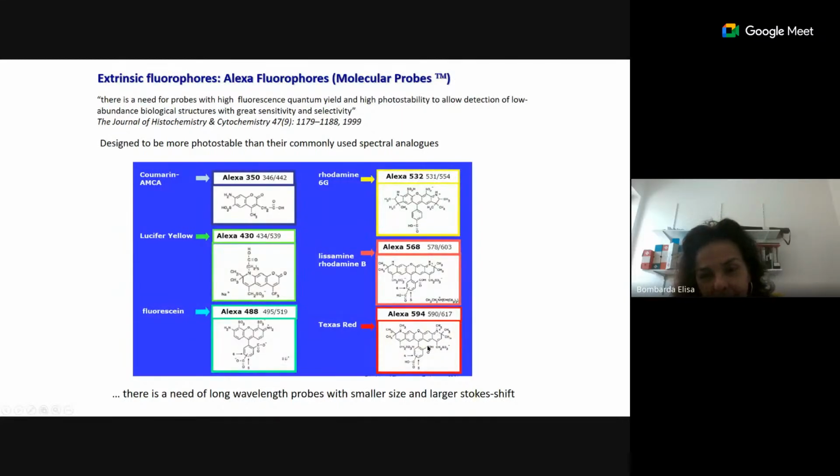That may cause trouble because you get probes that are larger and larger, and sometimes you don't want that. So it would be nice, I don't know if you also want to work in this domain. The community is always interested in long wavelength probes, but with small dimension.